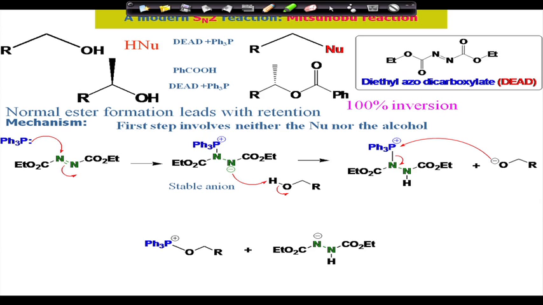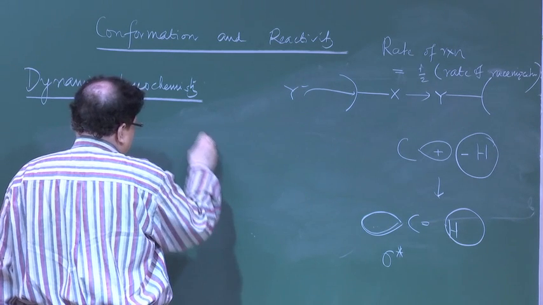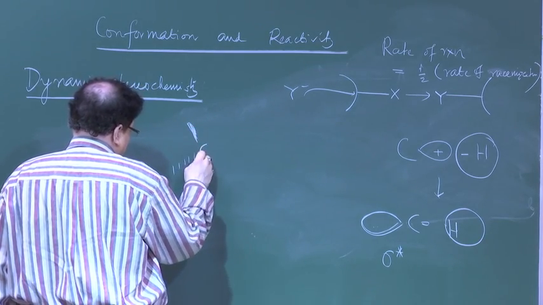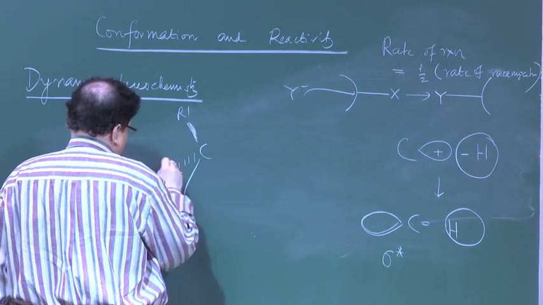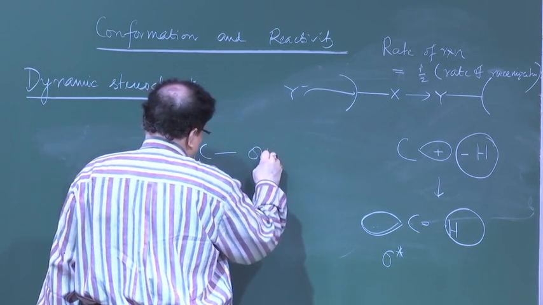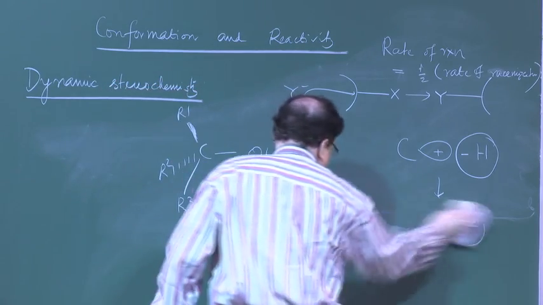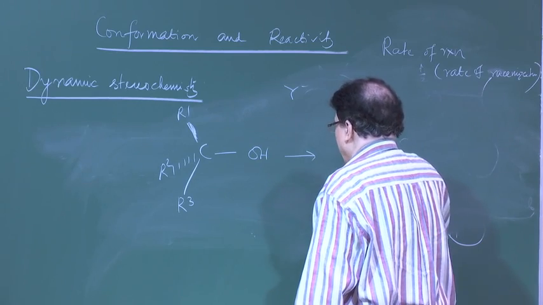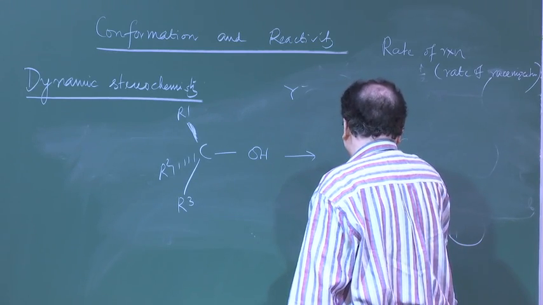You know that in an SN2 reaction there is inversion, but if I start with a chiral compound with R1, R2, R3 and a wedge, in many cases I may need to invert the configuration. That means I need a compound that is exactly the mirror image of this.